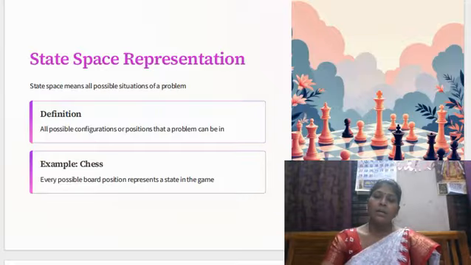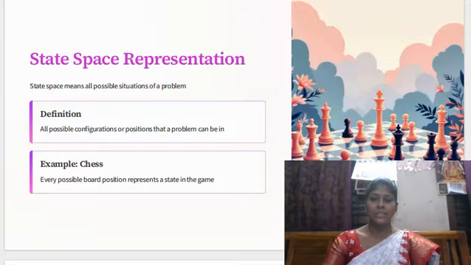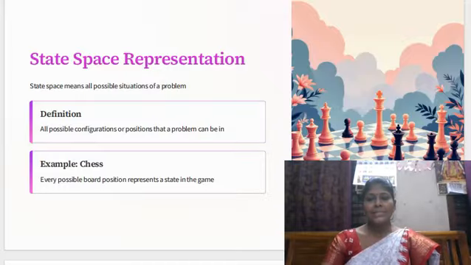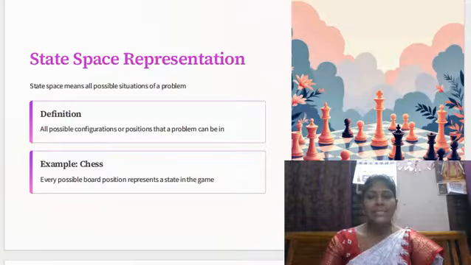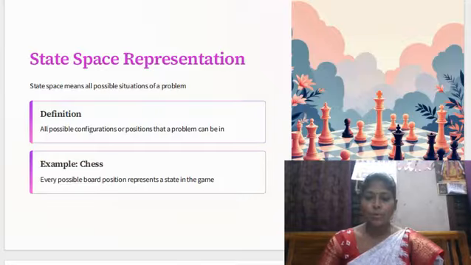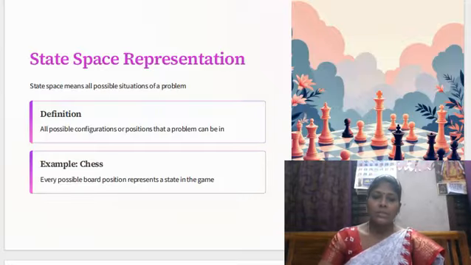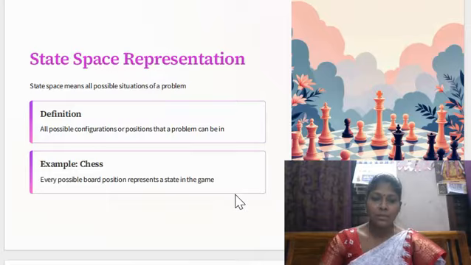Finally, in a search tree or a search graph, a search tree may repeat states and take more time, but a search graph avoids repetitions and is more efficient. So that is the main thing, as shown in this picture.